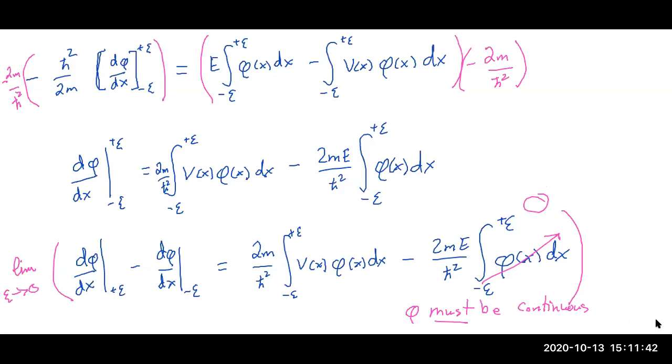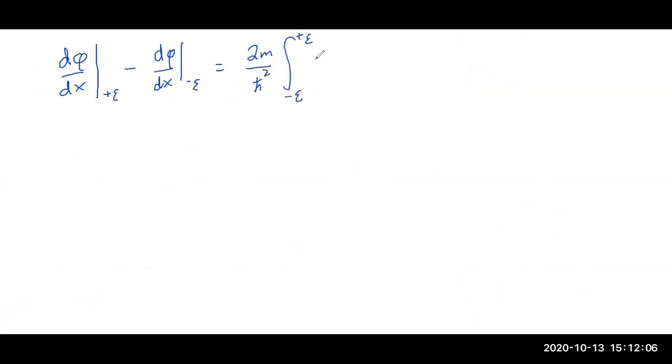So I am now left with the following condition: the derivative of phi with respect to x at plus epsilon minus the derivative of phi with respect to x evaluated at minus epsilon is equal to 2m over h bar squared times the integral from minus epsilon to plus epsilon, v of x, phi of x, dx.